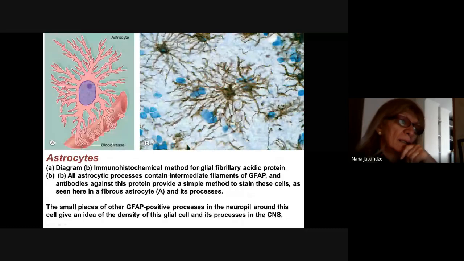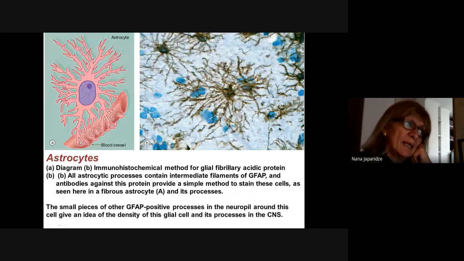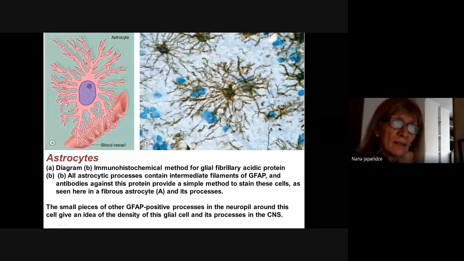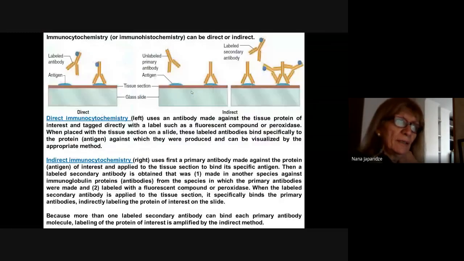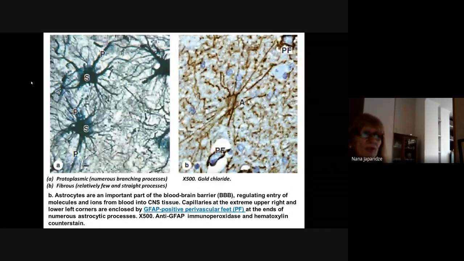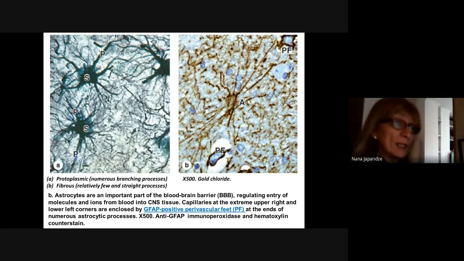Look, the end tips of the processes are attached to the surface of the blood-brain barrier. This is an astrocyte, and look here, please. We have two types of astrocytes. Protoplasmic astrocyte has numerous processes, and all these processes undergo very intensive branching.